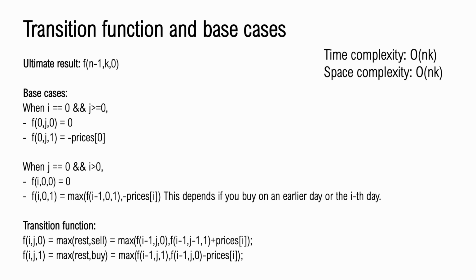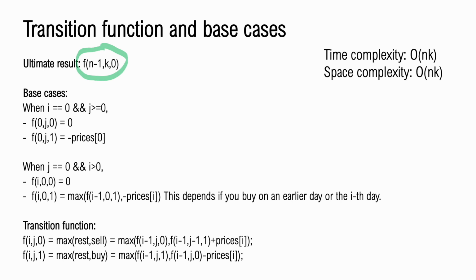And let's take another look at the base cases and the transition function. The ultimate result we want is the optimal solution we will have at the end of the last day with k transactions with 0 stocks in our account. Basically, we want to sell the stock so that we can get the optimal gain.